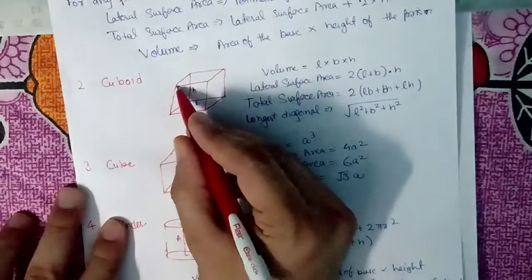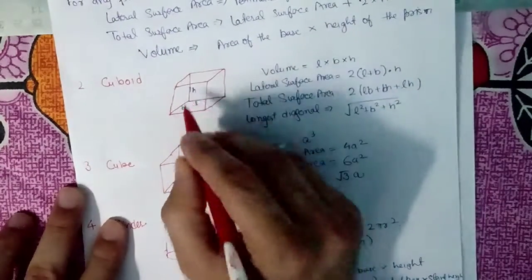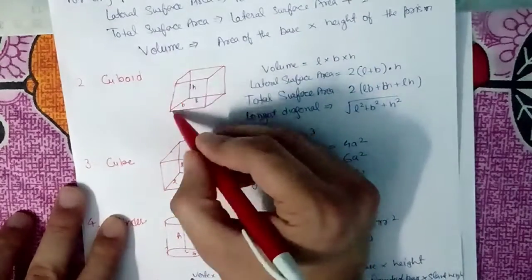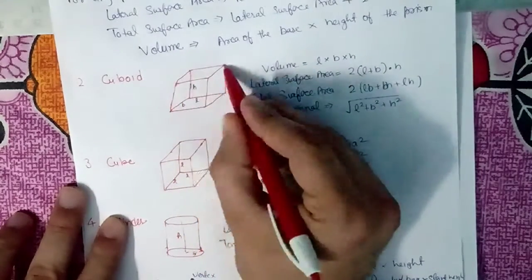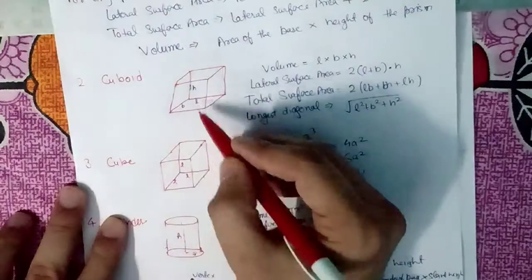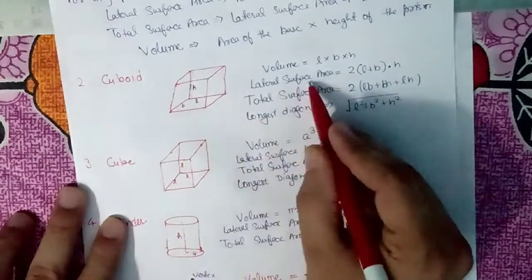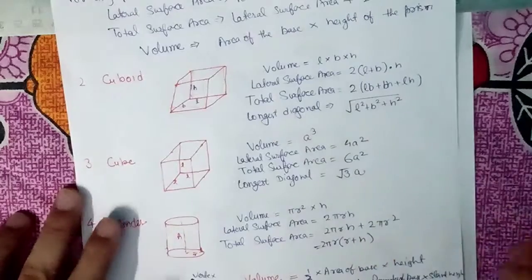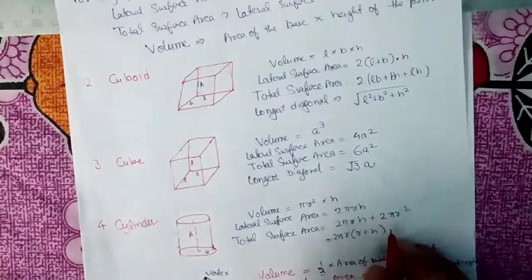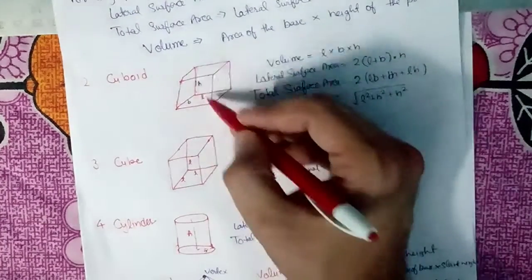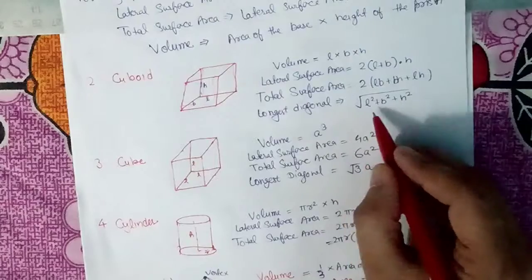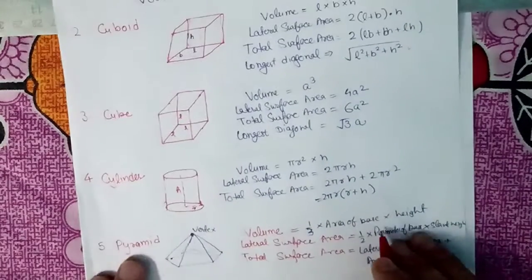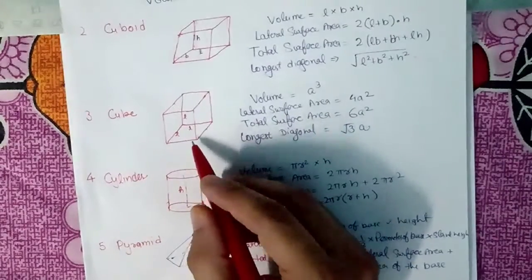We have 6 faces in a cuboid. Leaving this and this gives you the lateral surface area, and including these gives you the total surface area. The longest diagonal in this cuboid will be equal to the square root of L square plus B square plus H square.